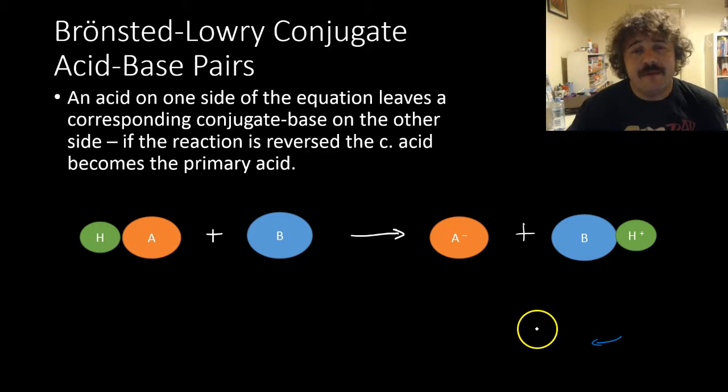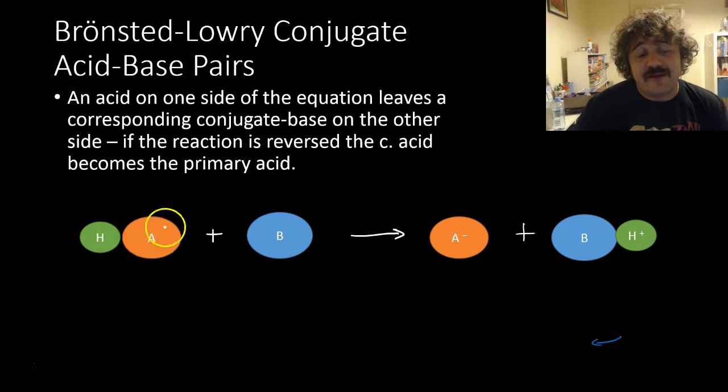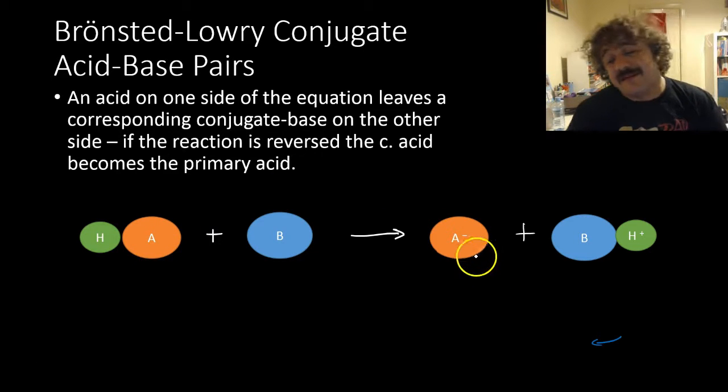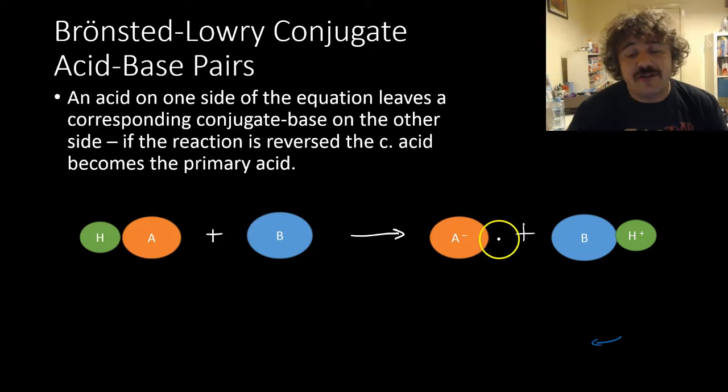Now, basically, what we're saying here is that if you have an acid on one side of the equation, then ignoring the hydrogen that it loses, the acid molecule on the other side is called the conjugate base. So parent or primary acid, conjugate base.